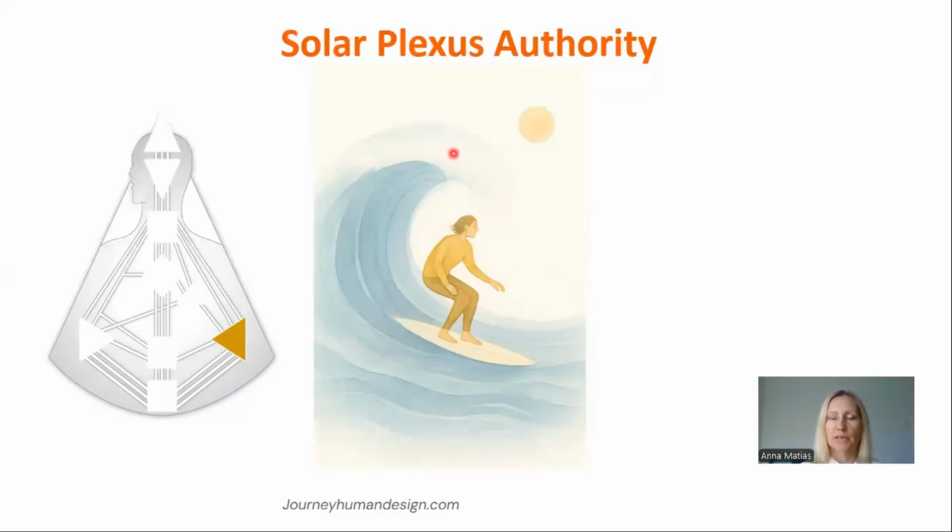Wait until you're clear. Sleep on things. Emotional decisions are not healthy for you. If you're excited about something, just wait and see how you feel about it the next day. At the bottom of your wave, you can reject something that is actually good for you. Again, waiting is key.